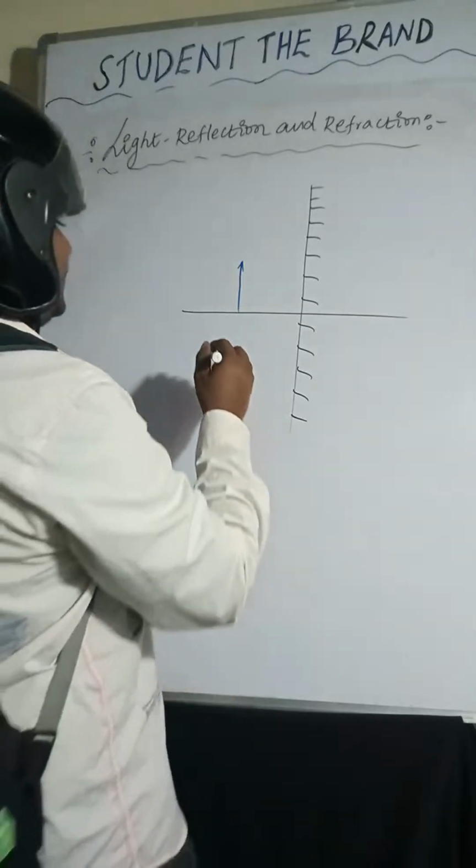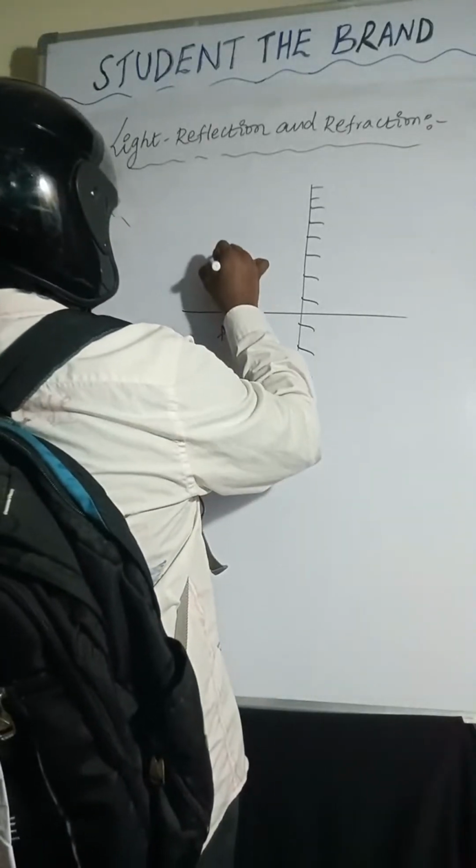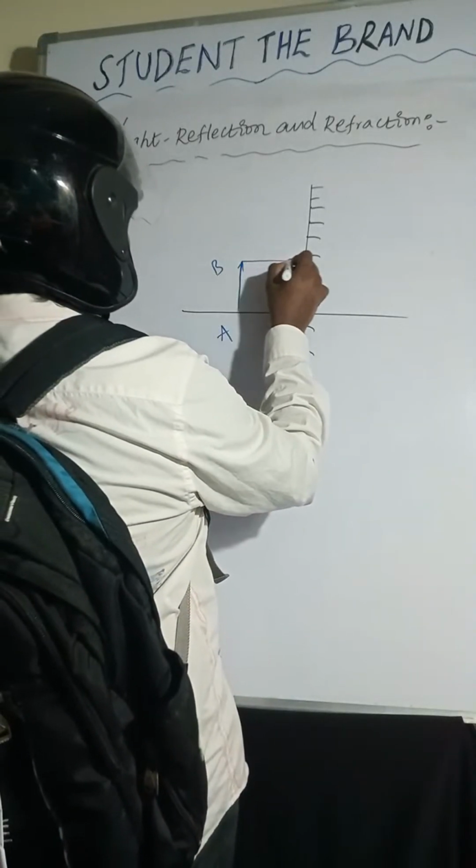Okay, so this is the object. How many light rays are required to form the image of the object?